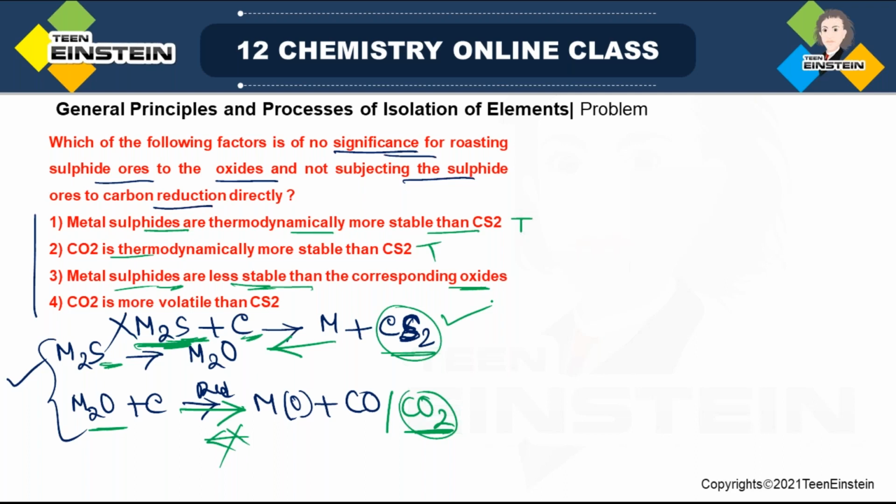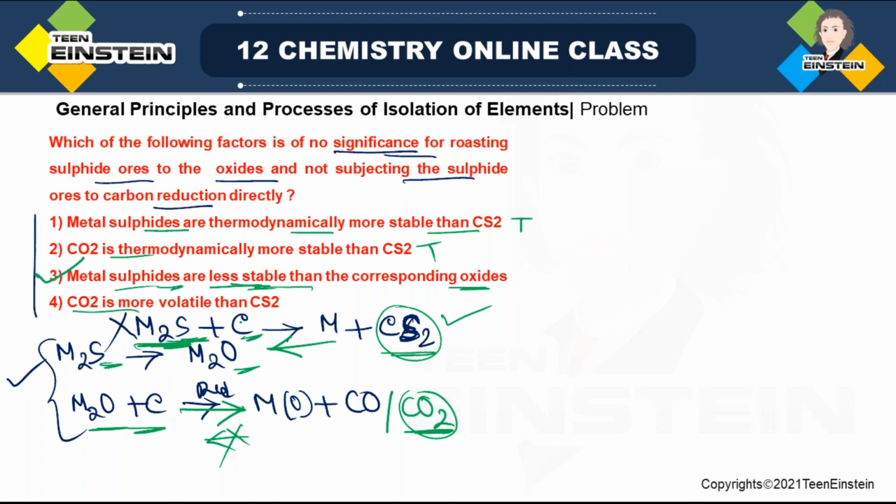But actually that is not happening here. Metal sulfides are actually more stable. That is why you first convert M2S to M2O, because the oxide is more reactive, and as it is more reactive, this reduction will now be a facile method. So this statement, that metal sulfides are less stable than the corresponding oxide, has no significance, and this is actually the correct answer.